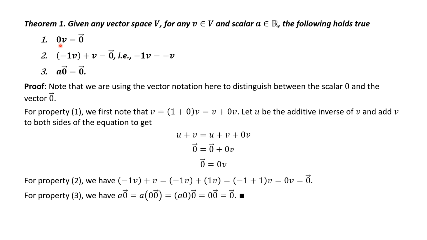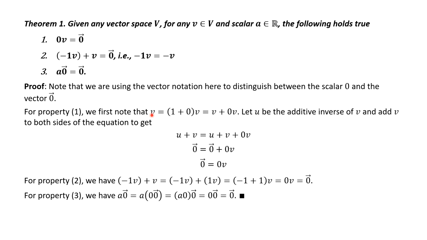So we have three identities: 0 scalar times v equals the 0 vector; minus 1 times v plus v equals 0, in other words, minus 1 times v is the inverse of v; and any scalar times the 0 vector is the 0 vector. So the first one is a bit involved, surprisingly. It looks kind of obvious. You would expect this to be true, but it takes a little bit of effort.